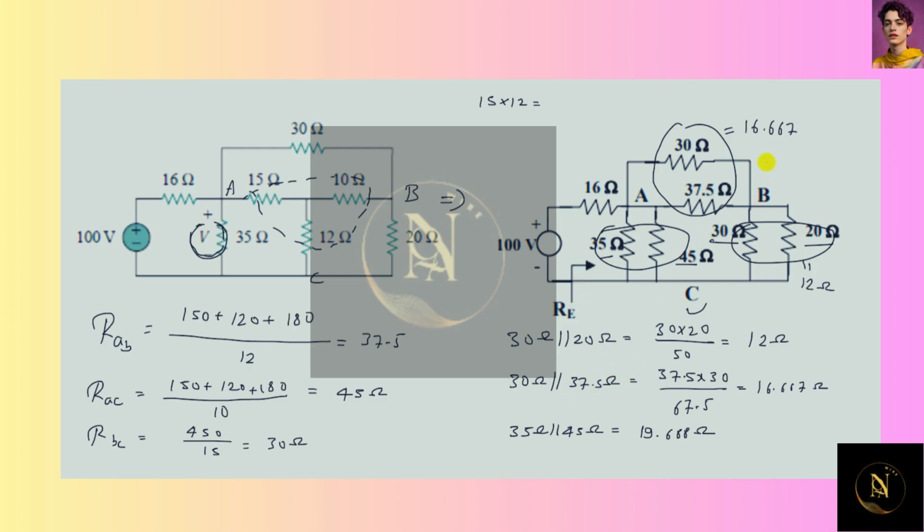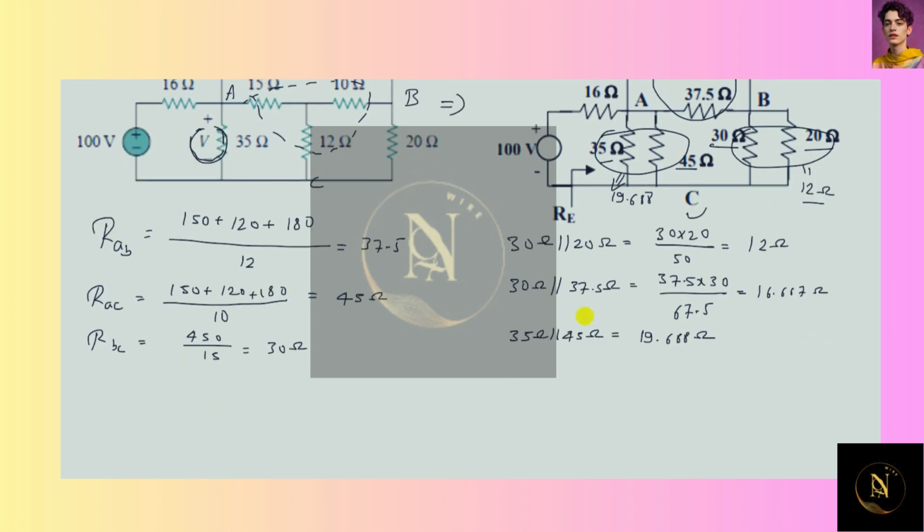And now these three. So now 16.667 and 12 ohm are in series, and this combined resistance is in parallel with 19.688.